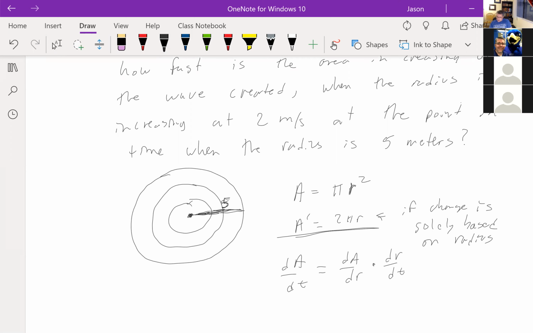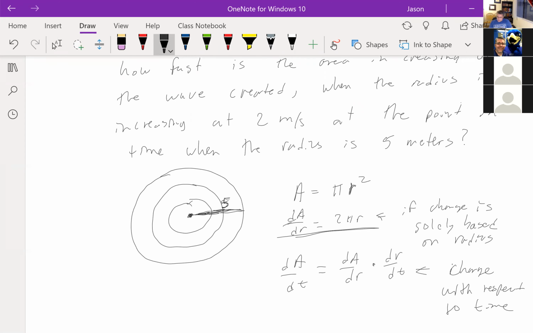What is this above? This is dA/dr. That's the derivative with respect to r, right? But this is changing with respect to time.